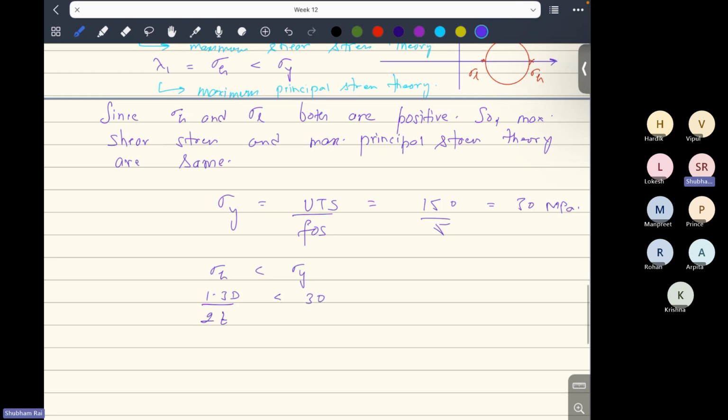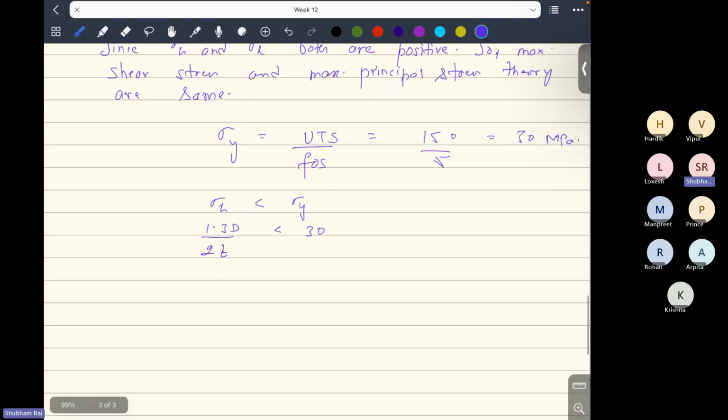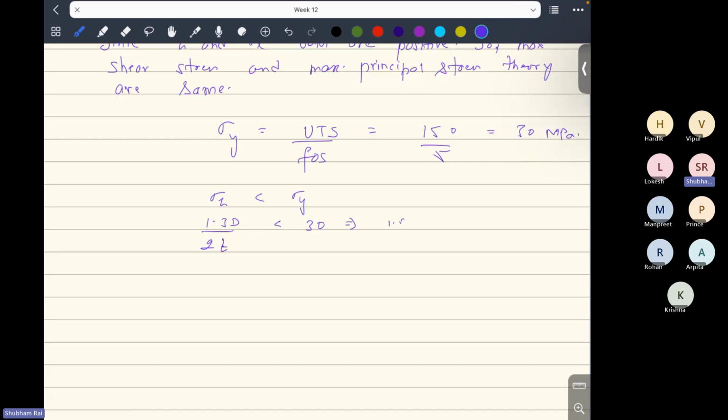Let's suppose we take the maximum value. So we are left with 1.3 d by 2t equal to 30. Here t is the thickness, and d is already given to you. Thickness will be 1.3 d by 60, right?